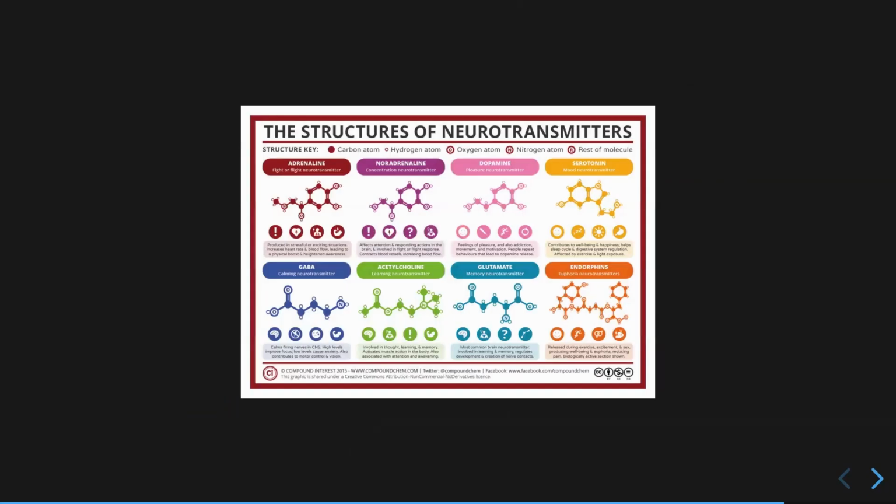These are the structures of different neurotransmitters. And I mean, I don't want you to actually memorize the chemical structure, but it is useful to understand what each of them does. So let's just go through them briefly. Adrenaline is for high levels of excitement, which is on roller coasters for hype, but in reality for like fight or flight situations.